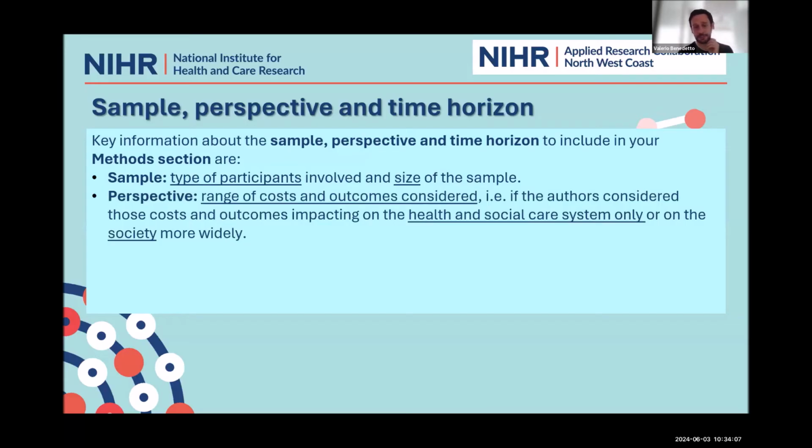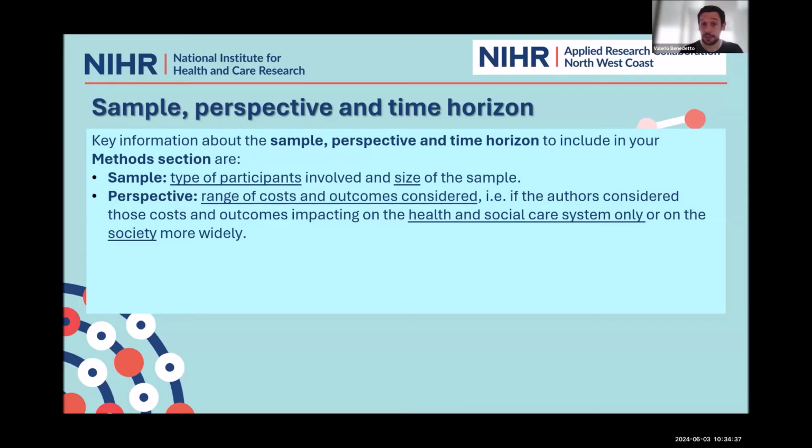The perspective is an element which is really characteristic of an economic evaluation. With perspective, we mean the range of costs and outcomes taken into account. So you could, for example, consider the costs incurred by the patients in attending specific sessions, maybe travel costs, and the outcomes, of course, attached to attending the specific therapy session.